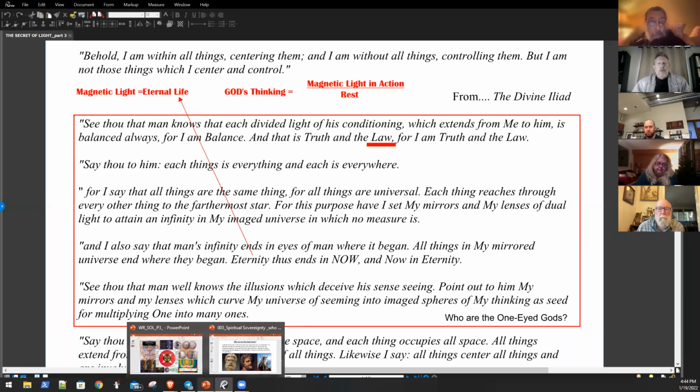The law will always remain the law, and there is no partiality in the law. And therefore, there is truth within that law. It remains the same. The law will not change based on partiality.